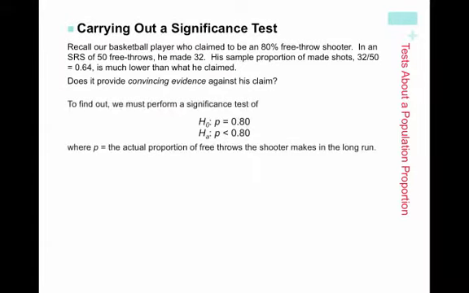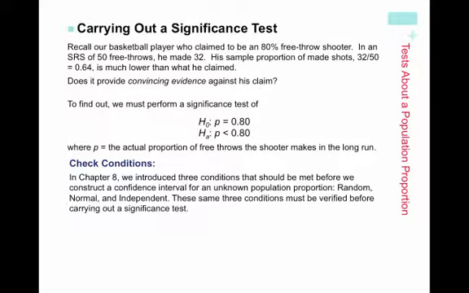Or could it have randomly happened by chance? So we're going to perform a significance test with a null hypothesis of p equaling 0.8, and an alternative hypothesis of p less than 0.8. p stands for the actual proportion of free throws that a shooter makes in the long run. And this definition of what the parameter is is something you should include.